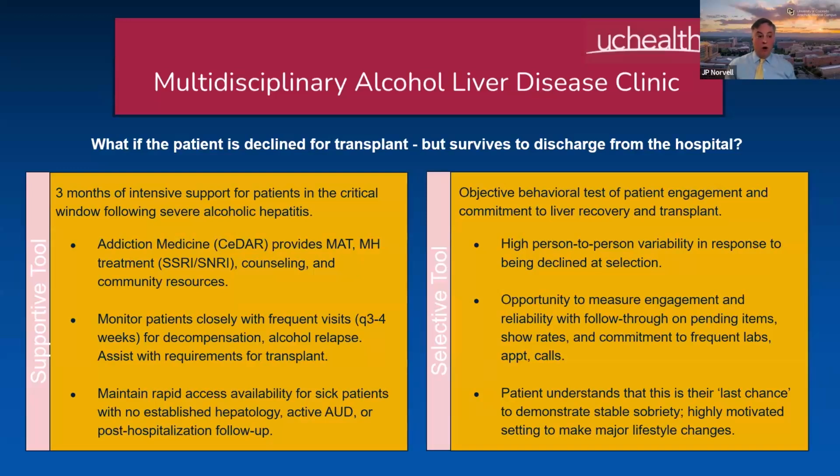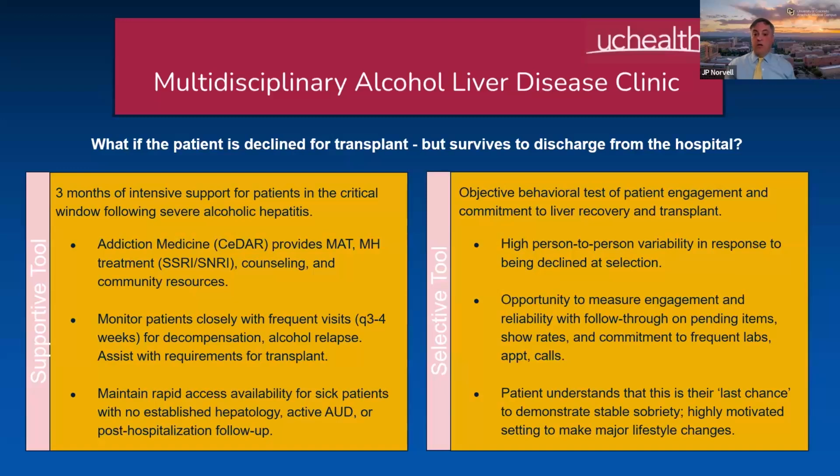We look at this as about 3 months of intensive support for these patients, along with addiction medicine, offering them MAT as appropriate. This is used both as a supportive tool, for support and monitoring and to maintain rapid access to these very sick patients as well as managing their liver disease, but also as a selective tool. I think they have found there's high variability from person to person in their response to being declined for transplant and their willingness to engage in mental health resources.